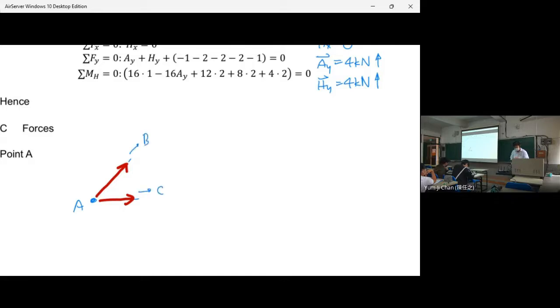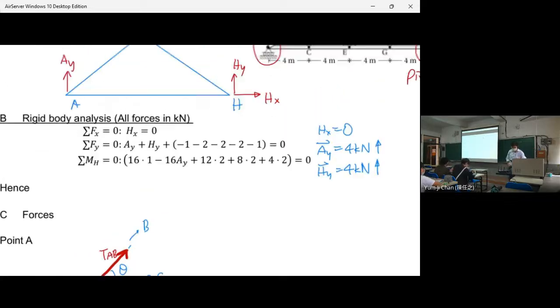We have TAB and TAC, and we have theta here. Do we need to draw other forces? Of course we know we have TAC and TAB. Anything else? We look at the original problem.